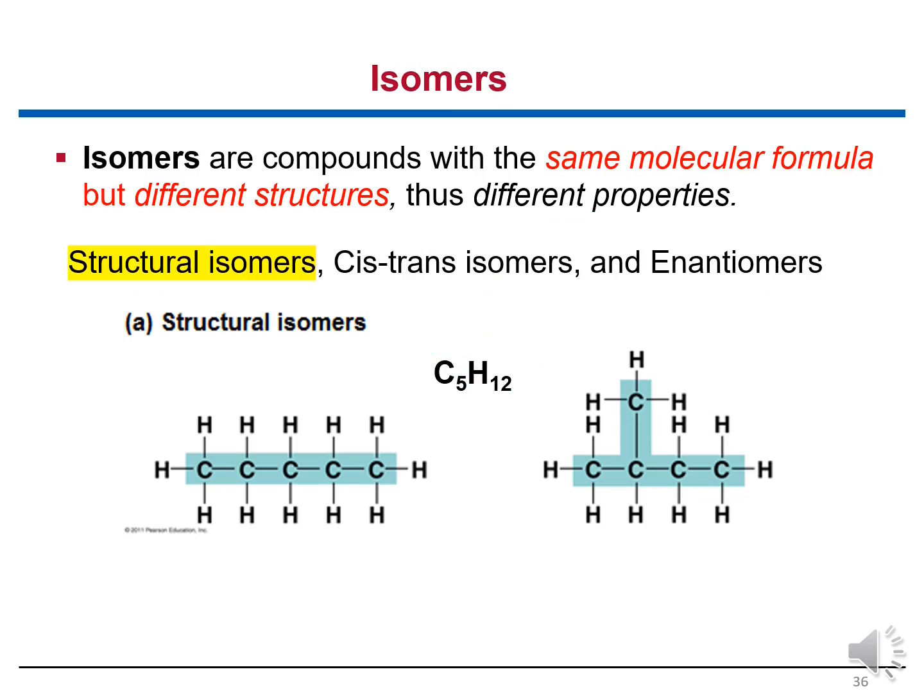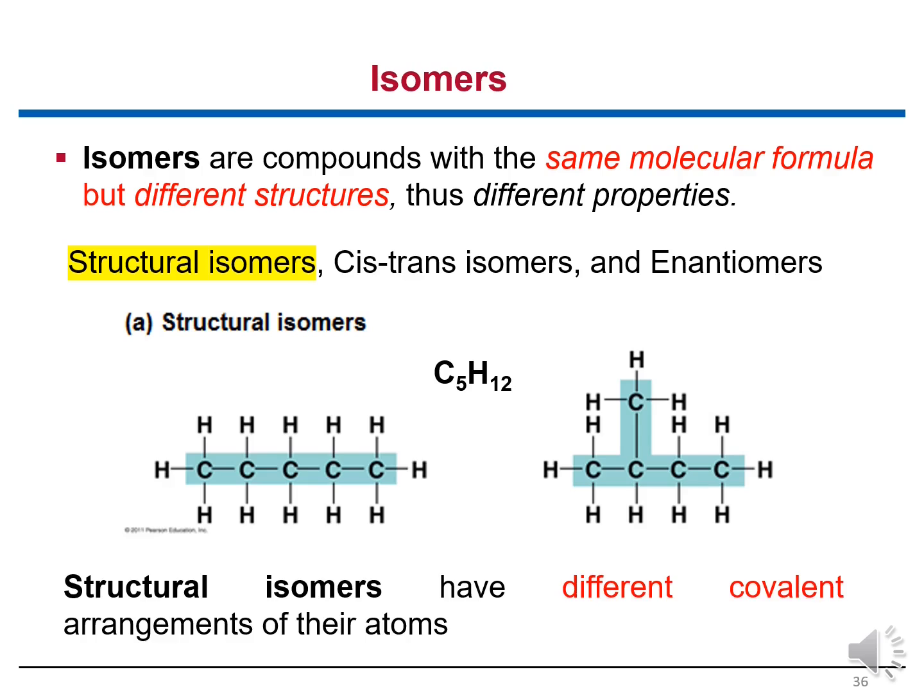So let's start talking about structural isomers. Structural isomers have a different covalent arrangement of their atoms. They have the same molecular formula, but the covalent arrangement of their atoms is different.